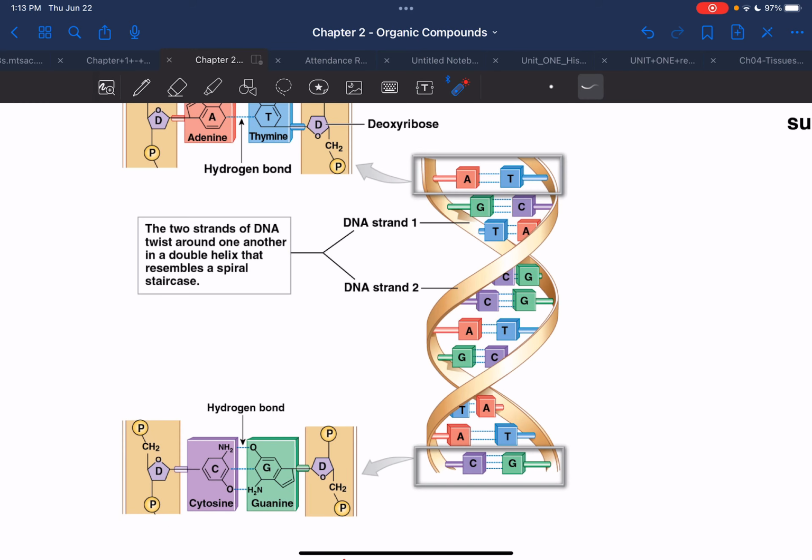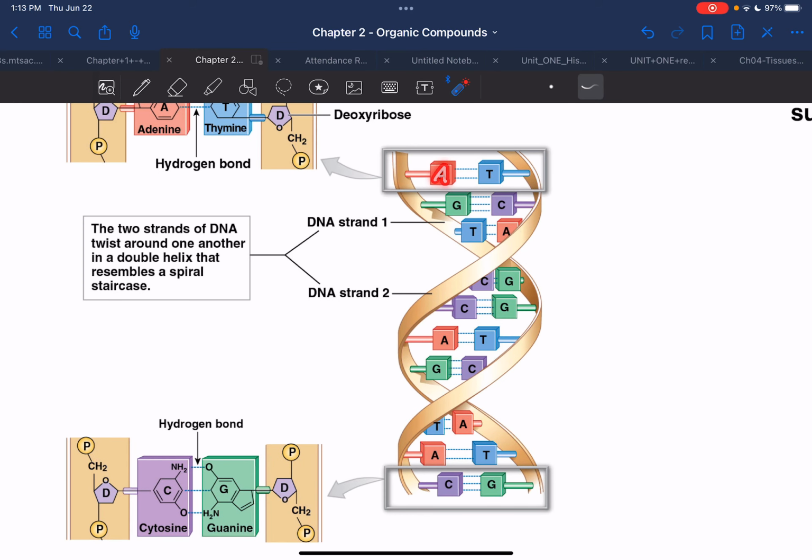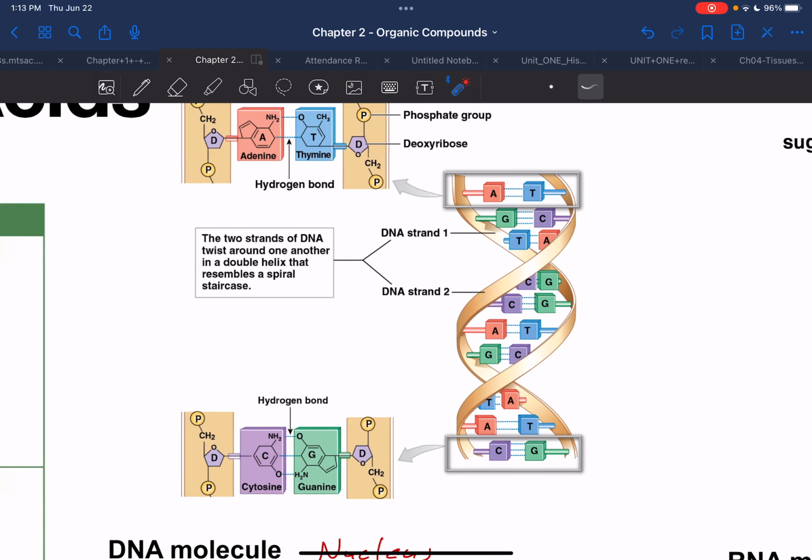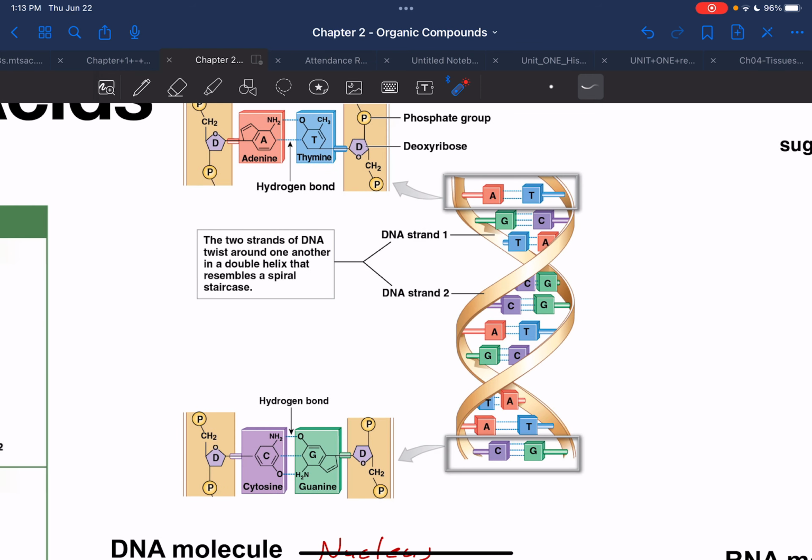You'll notice that you see these bases here. You see A, you see T, you see G, you see C, and if you just keep going along, these four bases repeat themselves, and you'll always see the same ones matching each other. A always goes with T, and G always goes with C. So as you're seeing it in your notes, A always goes with T, and G always goes with C.